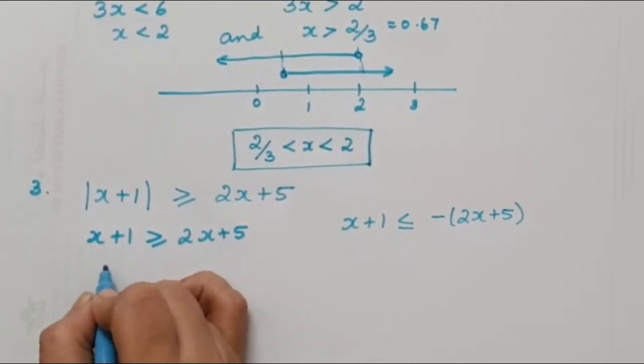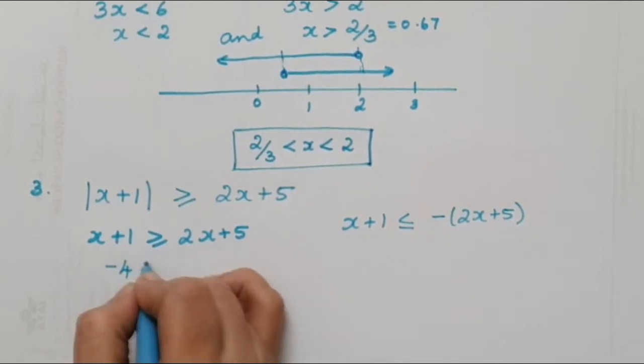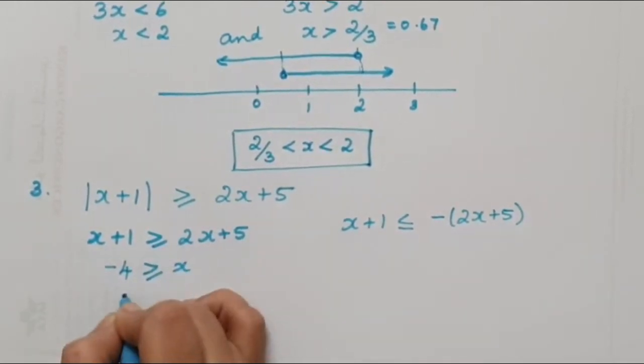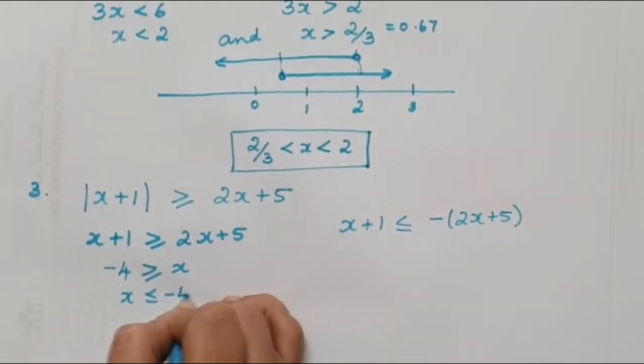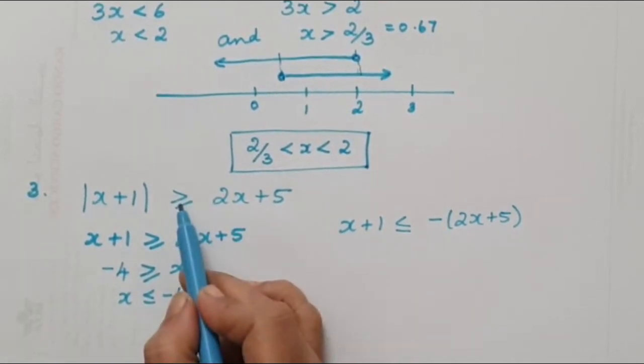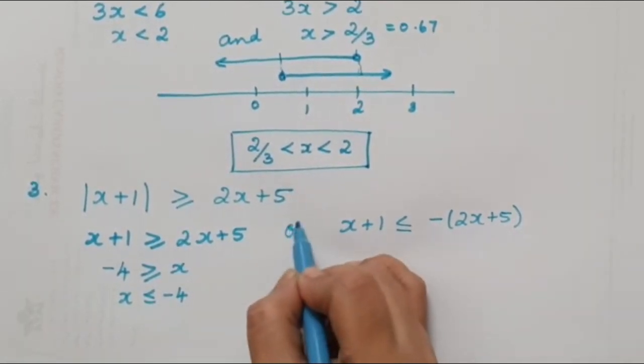So I'll shift the number here. So it is minus 4 is greater than or equal to x. So x is less than or equal to minus 4. When it is greater than, it has to be an OR.